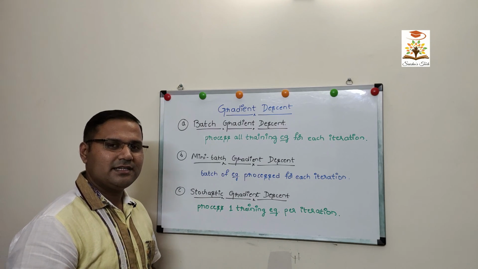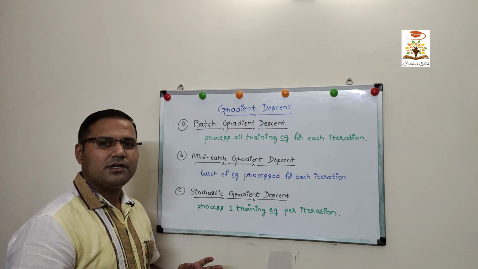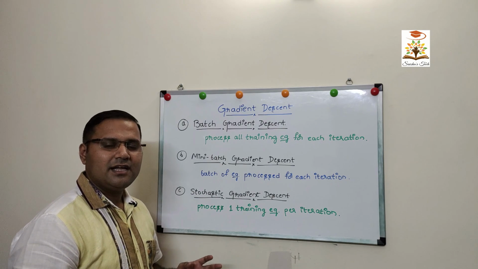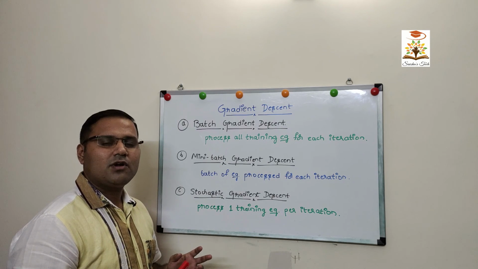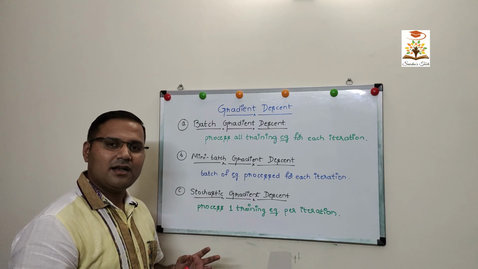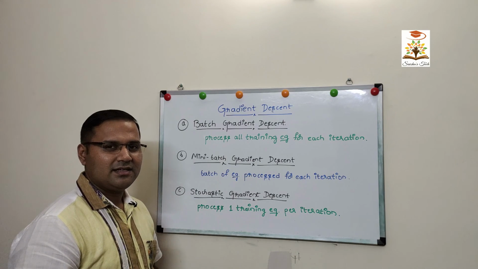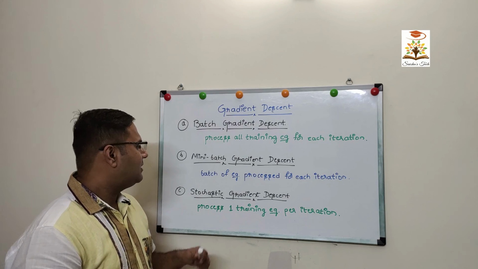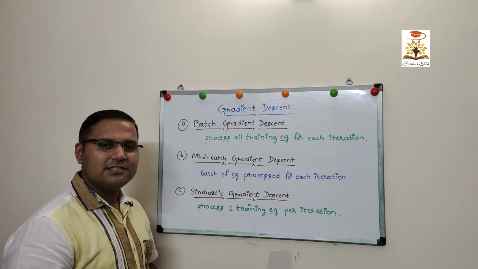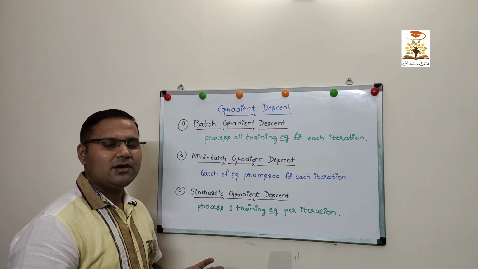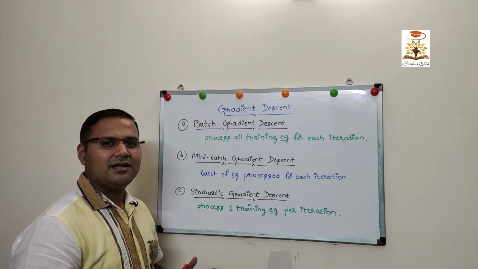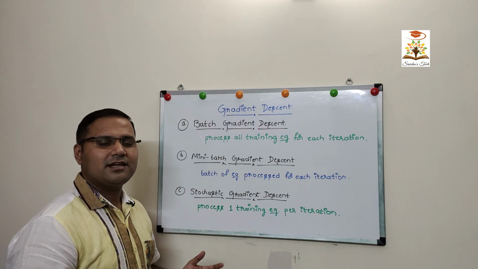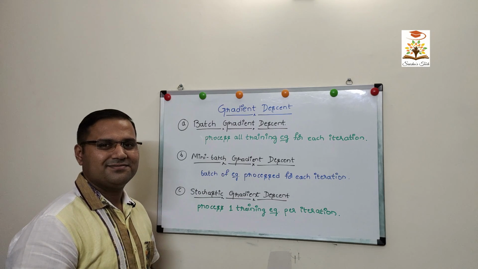In stochastic gradient descent, the number of epochs is higher as the number of training examples is large. If the number of training examples is large, then mini batch gradient descent is the optimal choice for selection. This is how a gradient descent algorithm works.